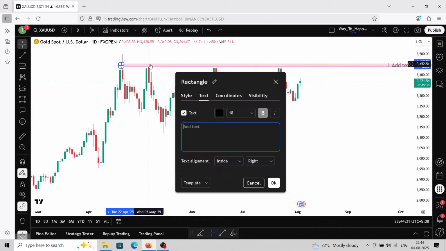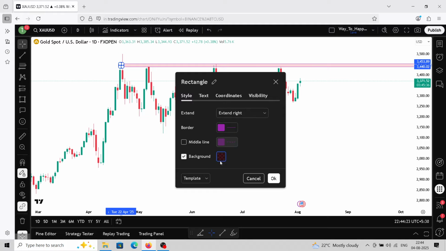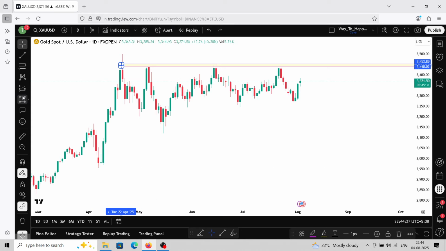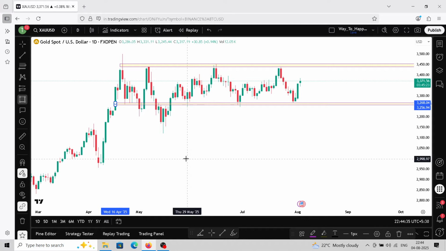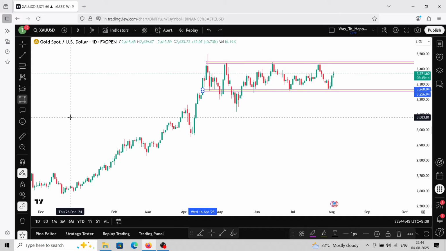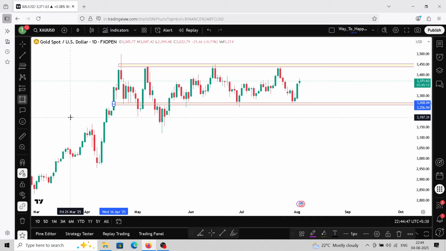Let's put this in yellow. My support is going to be this. Prices here and there have been spending time for so many days in between this range only. So whatever is going to happen is going to happen like this.